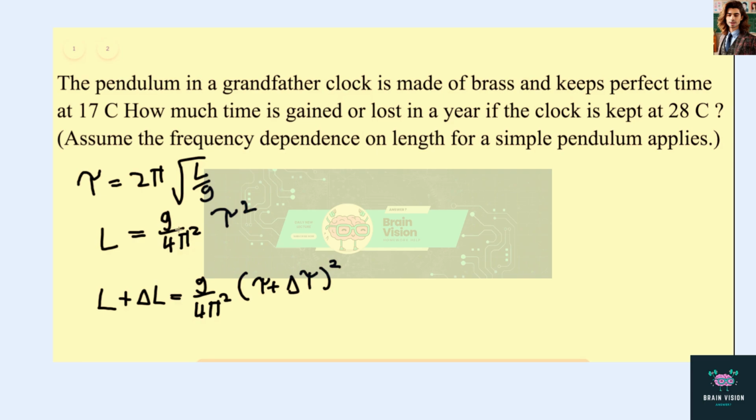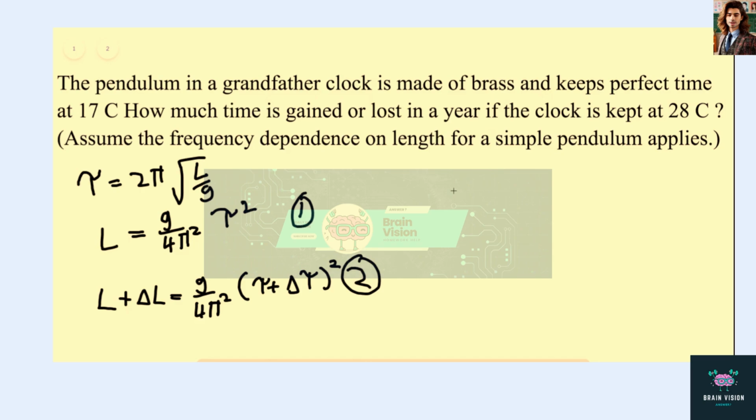This just represents the length of a pendulum for a given time period, with a small increase in this case. We are going to call this equation 1 and this equation 2.